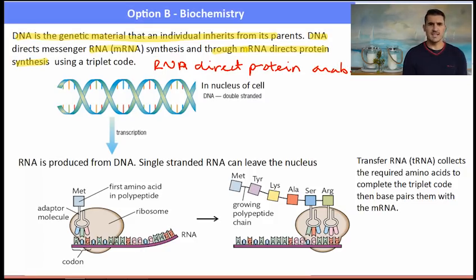So once the RNA is out of the nucleus, we have this compound called transfer RNA, which starts to collect the amino acids that correspond to the base pairs. And the base pairs come in a triplet. So for instance, GGA, that triplet refers to an arginine amino acid. So it will go and collect that amino acid and place it in the peptide chain.